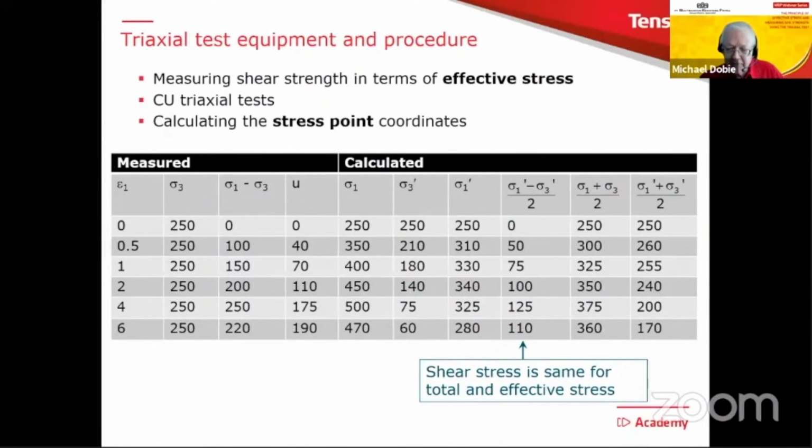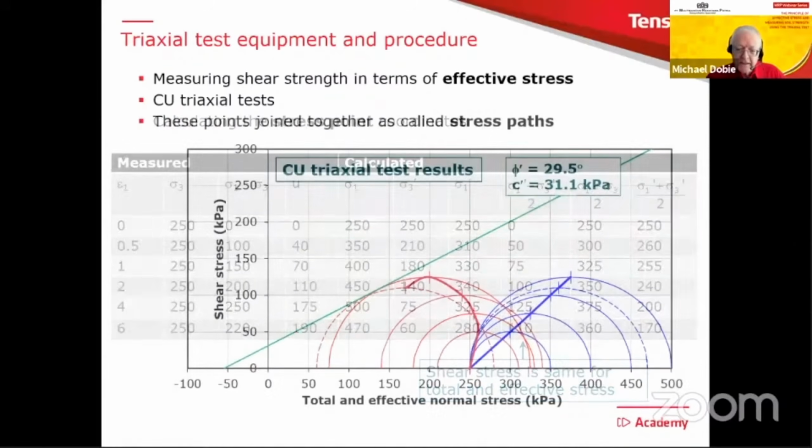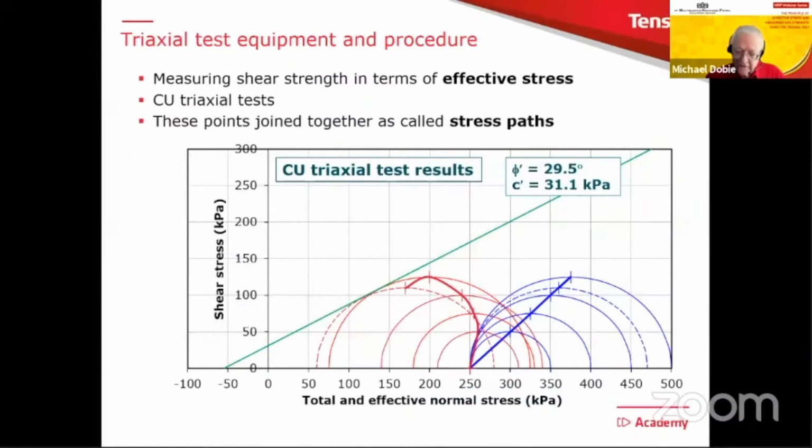Again, in our table, we calculate the coordinates of the top of each circle. I won't read through them there, but you can see them in those 3 columns on the right. And having done that, we then join those points together. That's the heavy line, blue for total stress, the brown color for effective stress. And these are what we call stress paths.